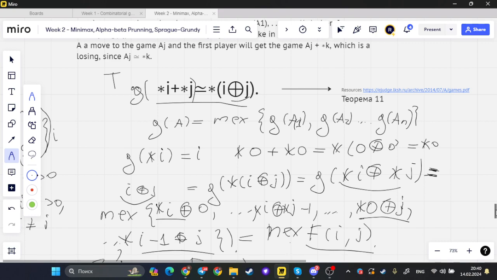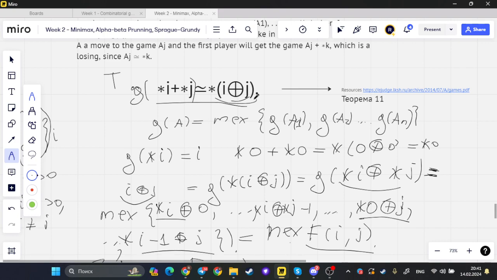Then we can find whether the game is winnable or losable, with complexity of the count of piles, because we just store our piles and get the answer.